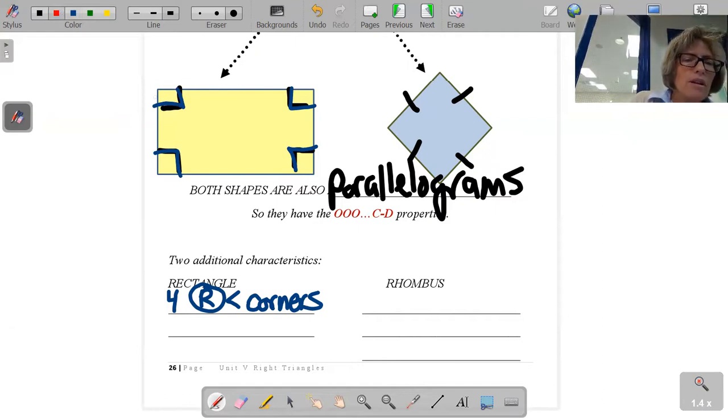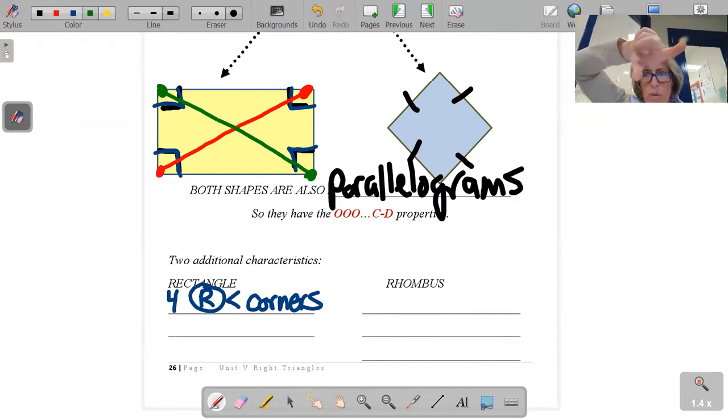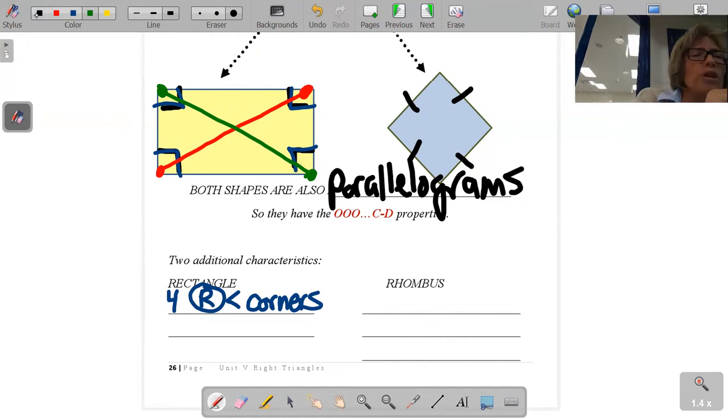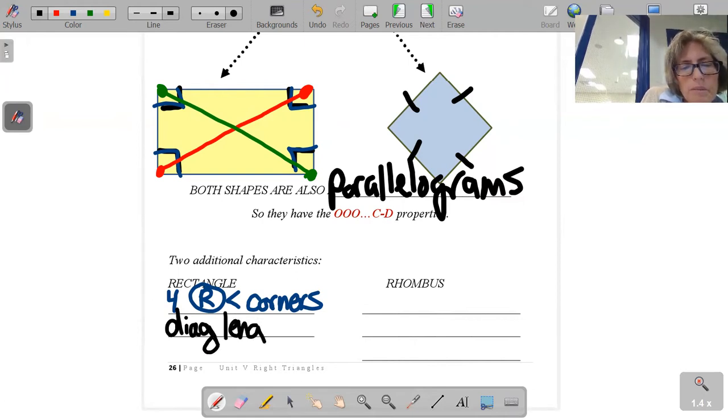And if you trace this diagonal, the red, and this diagonal, the green, I'd like you to finger pinch the red and hold it, swing it around, finger pinch the green, red, green. What you should notice is that the diagonal lengths are actually congruent.